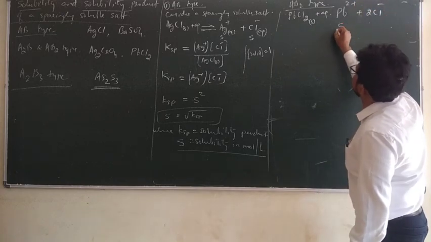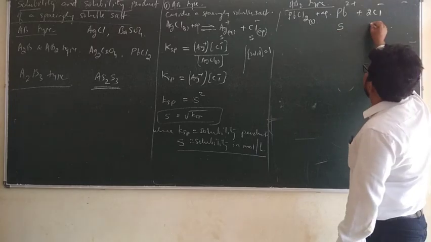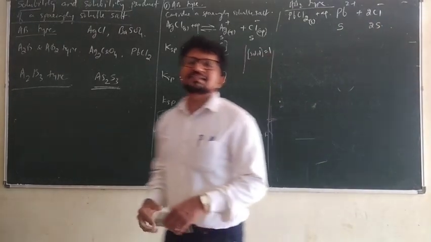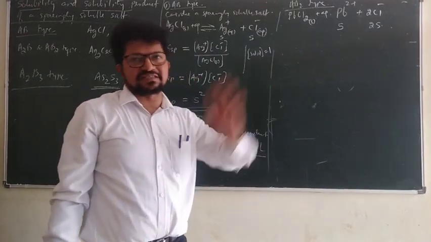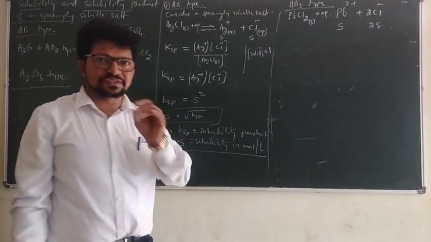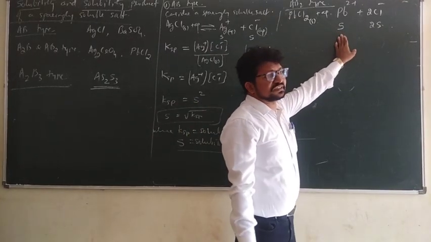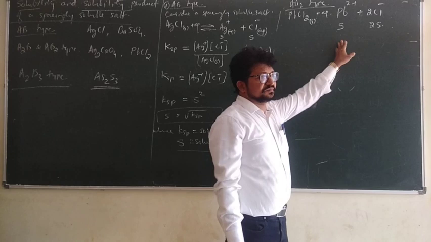Here solubility corresponds to lead ion and not chloride. Notice, because chloride ion is double, that is 2S. So this is also one of the important things to understand. Lead ion concentration corresponds to solubility.